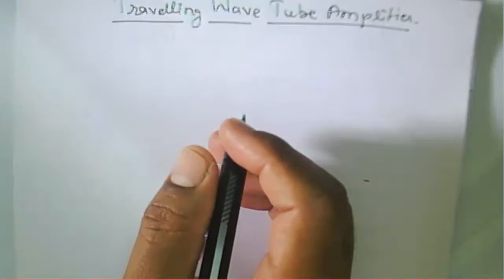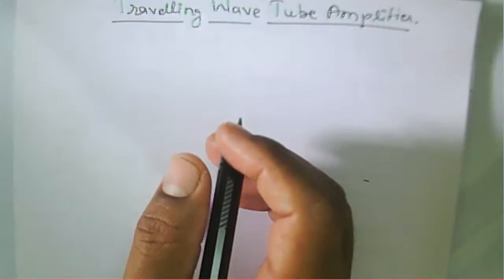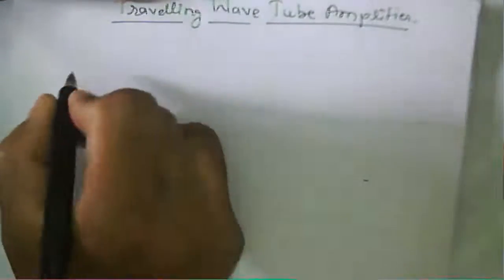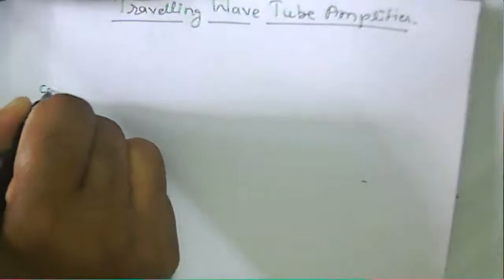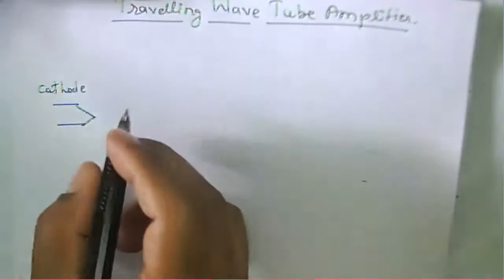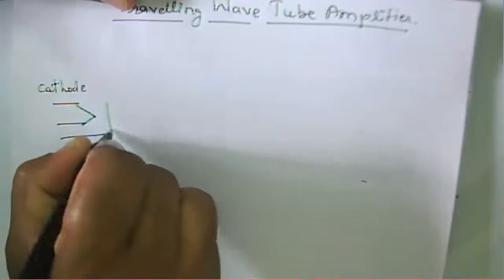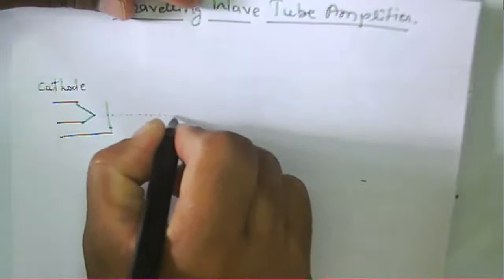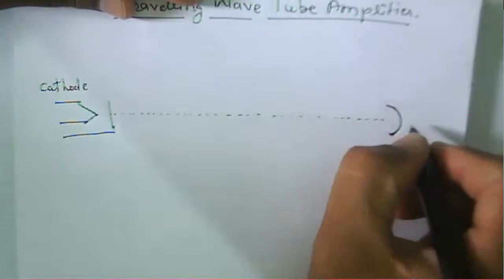We can say that this helix structure is called a slow wave structure. In a traveling wave tube amplifier there is a cathode, or a heater, and it emits electrons. Then the electrons propagate, and at the end there is a collector.